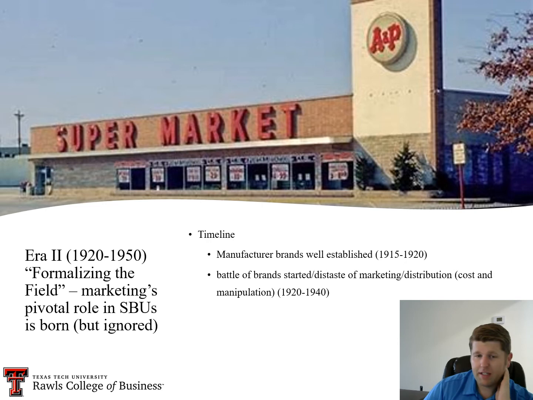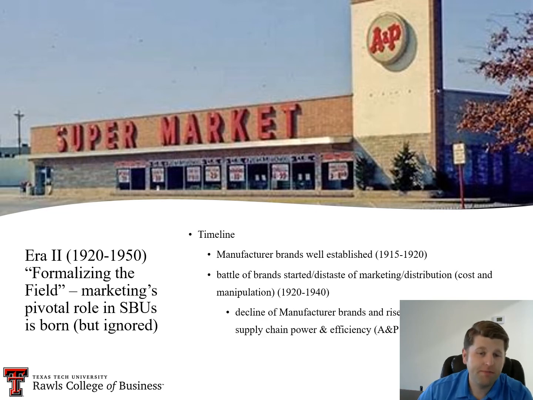With the distaste of marketing and distribution, they thought that marketing, which at that time would be distribution, cost too much because there were middlemen involved, and when middlemen were involved, that raised the cost. The middlemen being the wholesalers that took the goods from the manufacturer and got them to the retailer. So during this time, even government officials really disliked the idea of marketing and distribution.